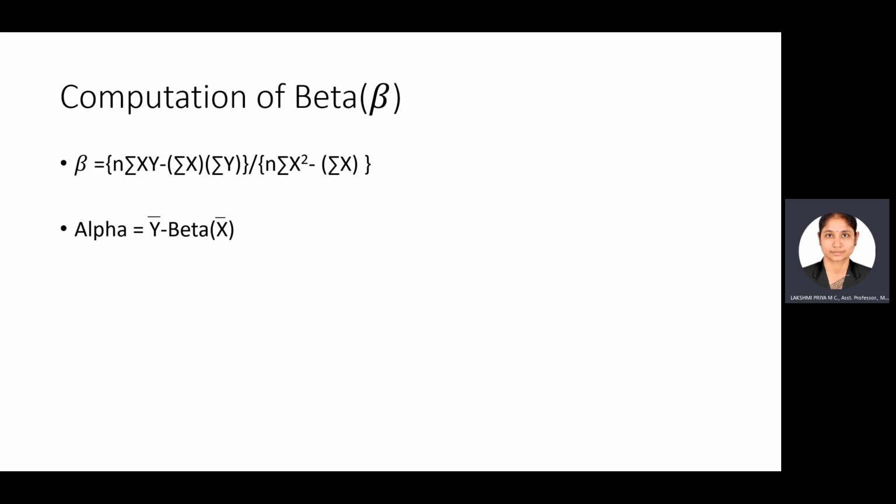For example, if there is a 1% change in market return and if the beta value is 1.19, then we could conclude that for every 1% change in market return, the stock return would change by 1.19%.